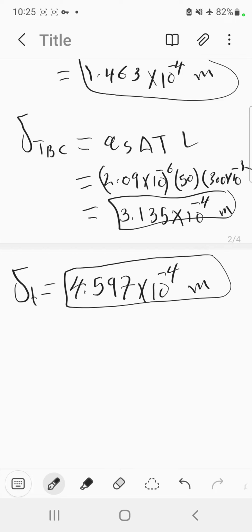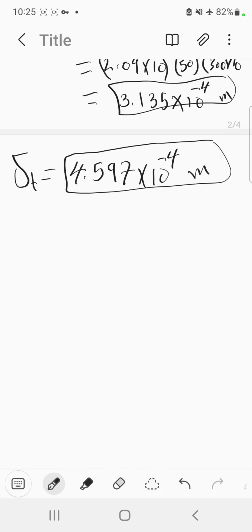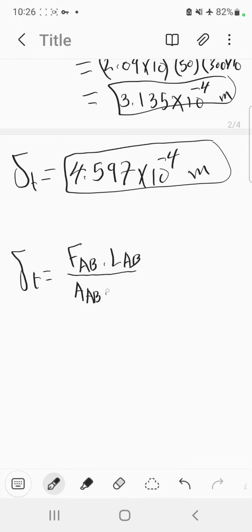So after we found the total, we have to plug it in our equation, the old equation, which is F_AB times length of AB over the area of AB times E_AB, plus the force of BC times the length of BC over the area of BC times E of BC.